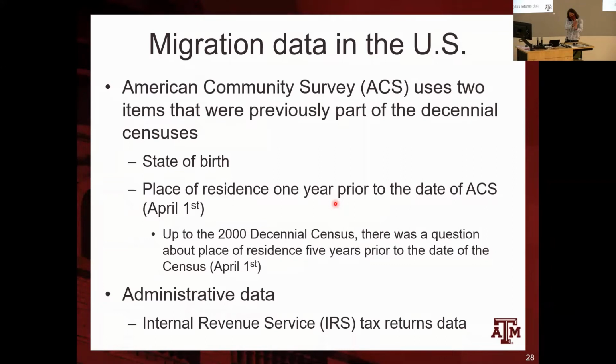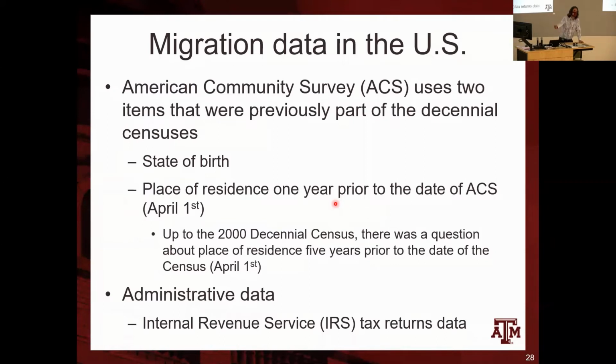And so we know the PUMA where the person lives right now and the PUMA where the person lived before. And it's more difficult for us to identify specific people in this data.